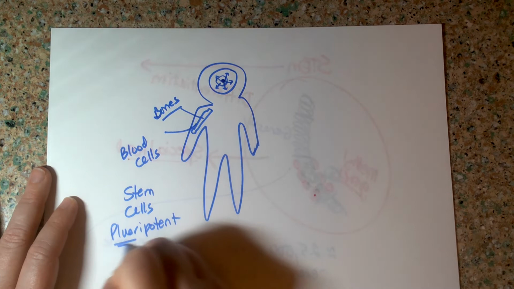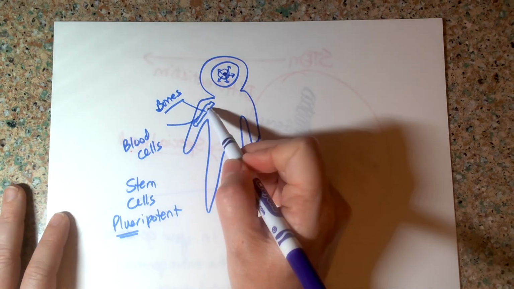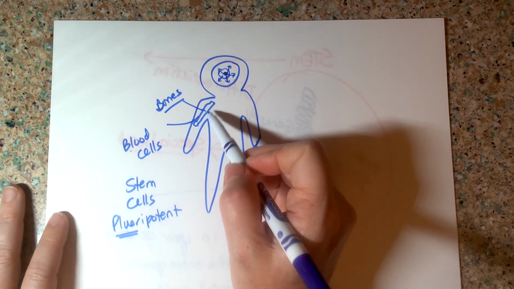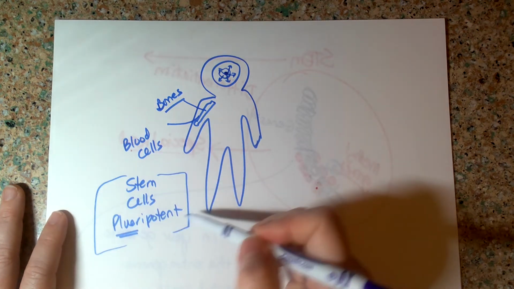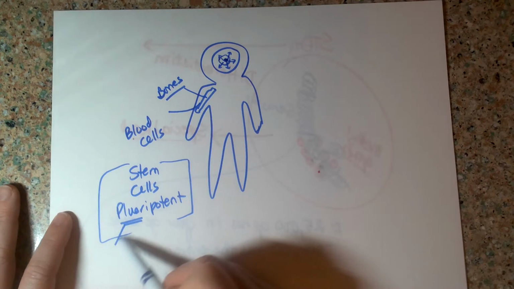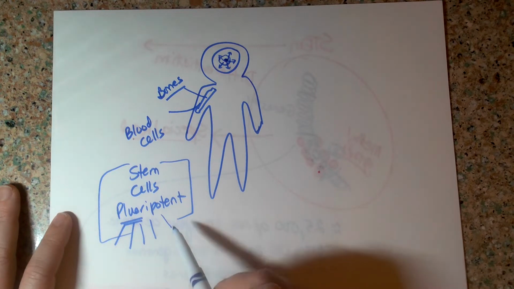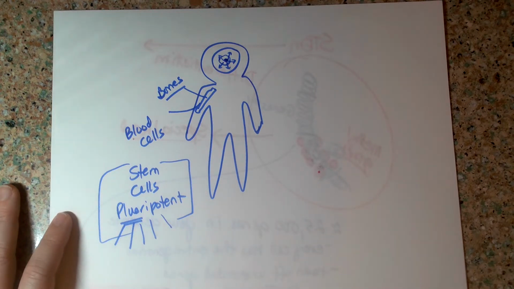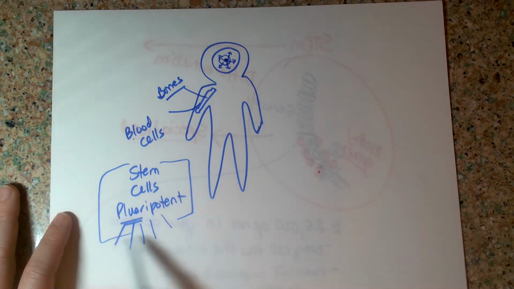Pluri means they can make a couple of different types of cells, but they have partially specialized. So the bone marrow cells only can make like 4 or 5 other types of cells. They can make a few things, but they could never turn into a heart or a liver or a kidney or any other cell because they've partially specialized to this point.